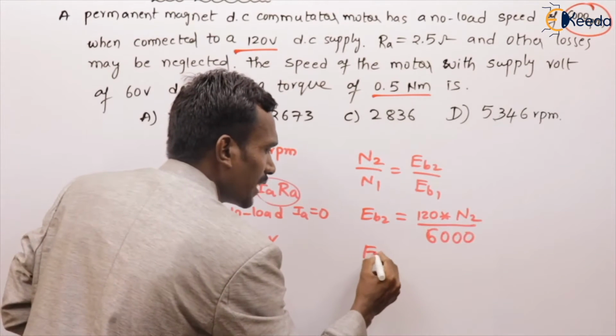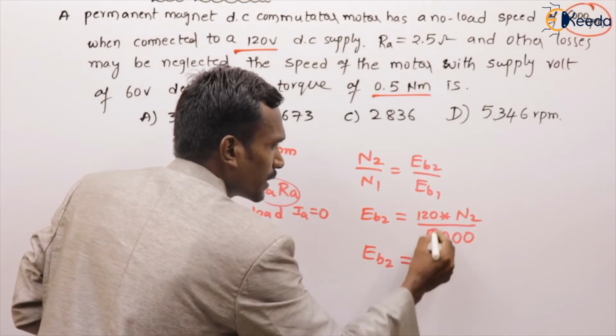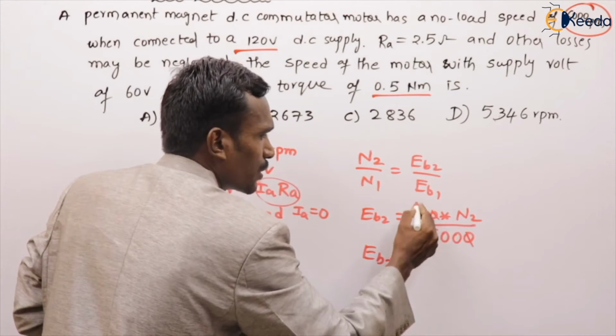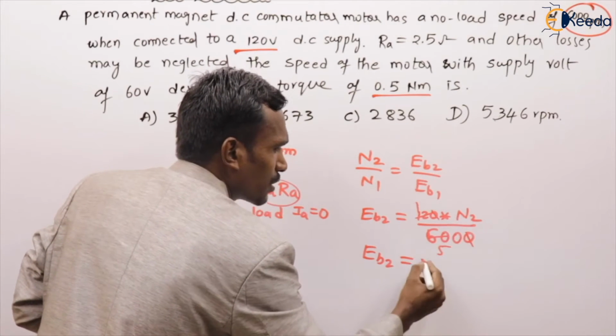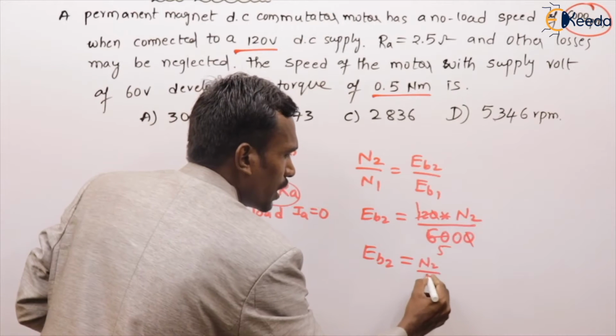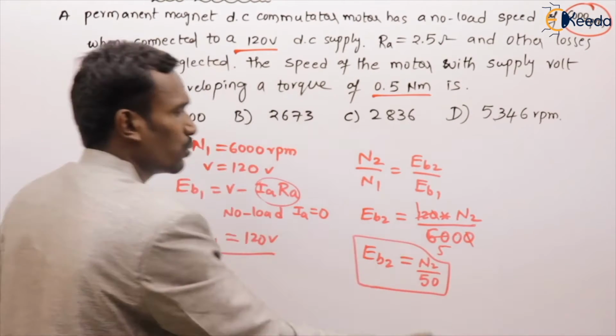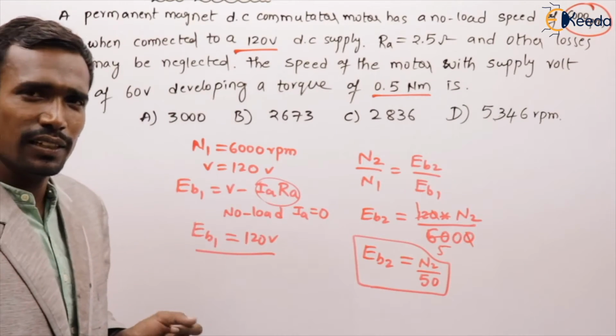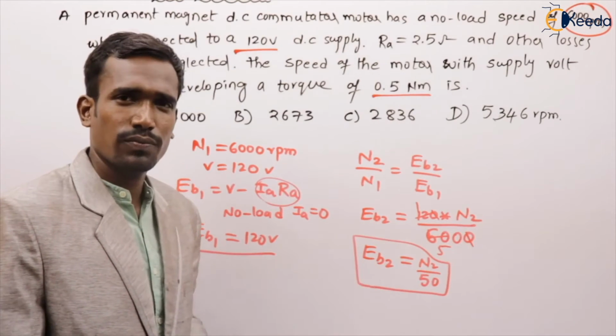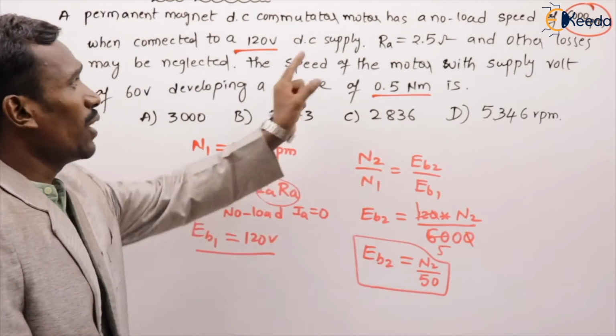Now tell me what is the EB2 value? EB2 is equal to 120 into N2 by 6000, the 0s get cancelled. 12 ones are 12, 5s are 60. So EB2 is equal to N2 by 50. This is my EB2.